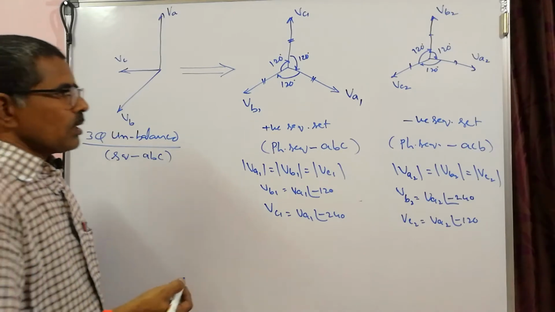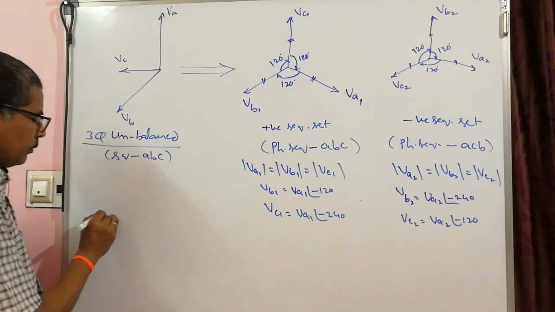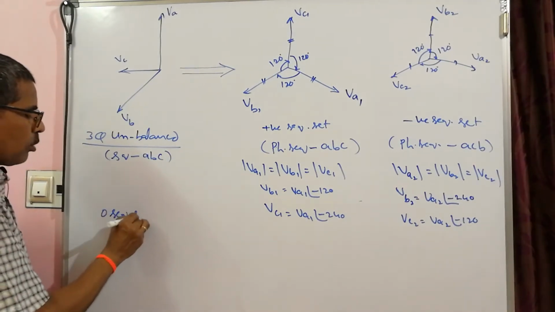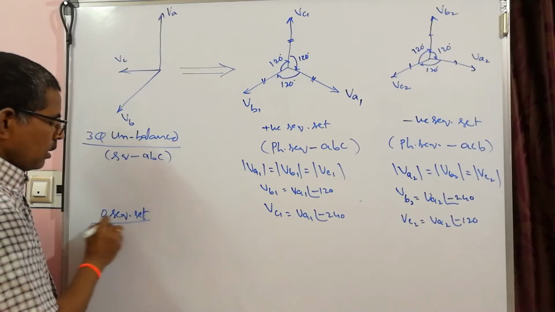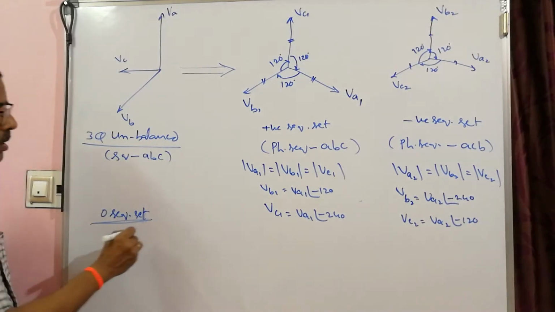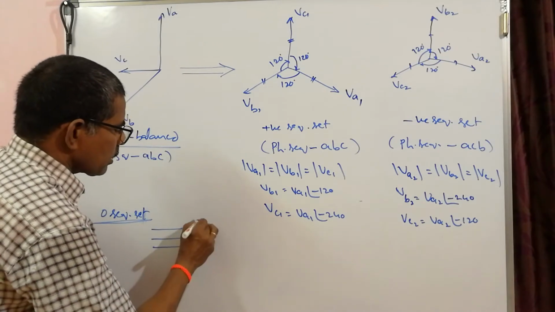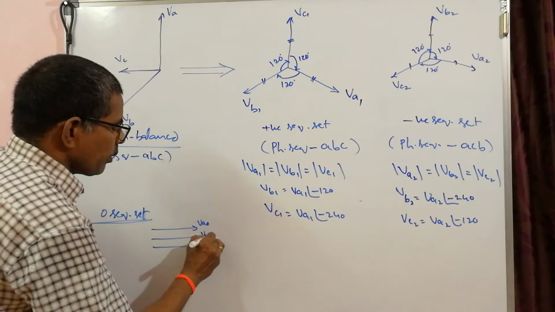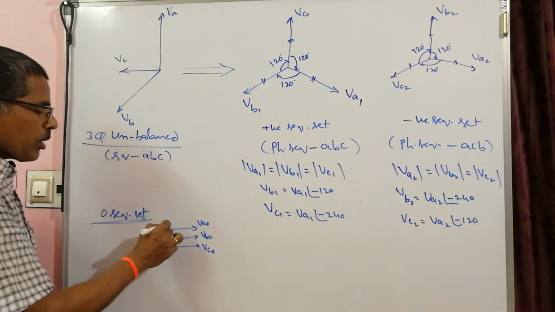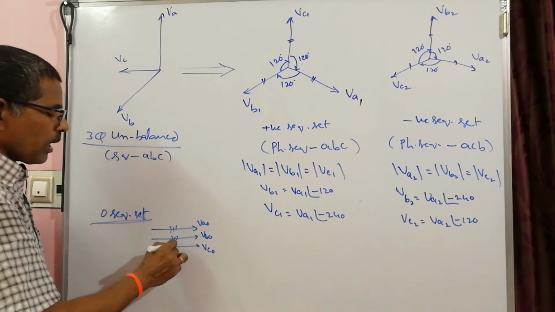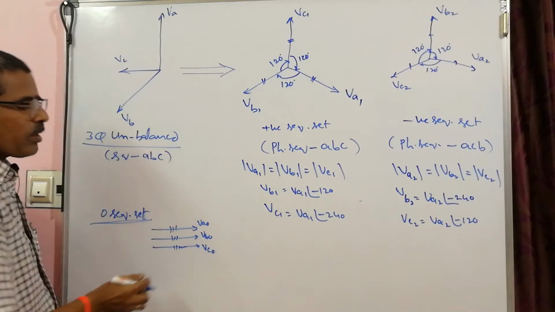Okay. Then zero sequence. What is zero sequence set? You will be getting three phasors VA0, VB0, VC0, which are identical in magnitudes. Again, all these three are having equal magnitude, but no phase angle difference.